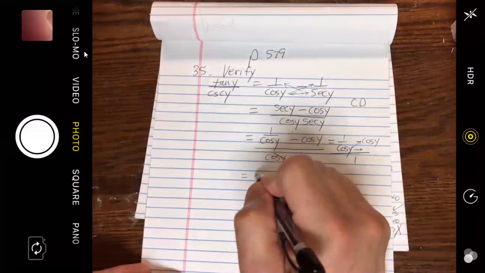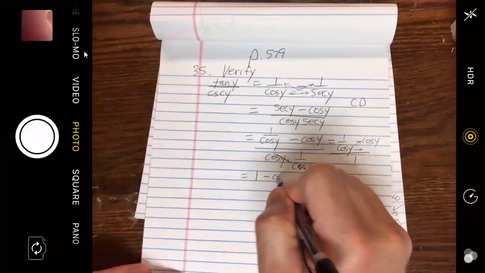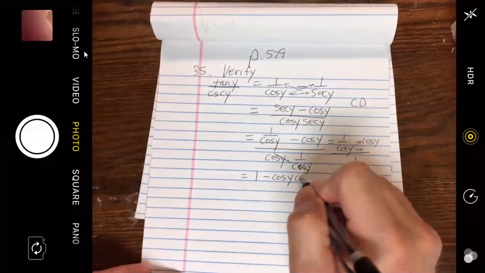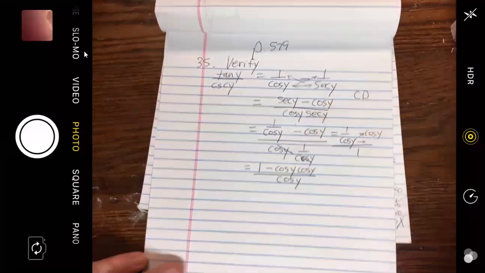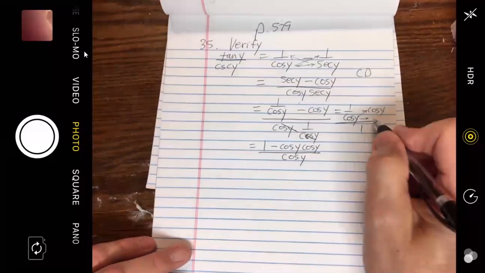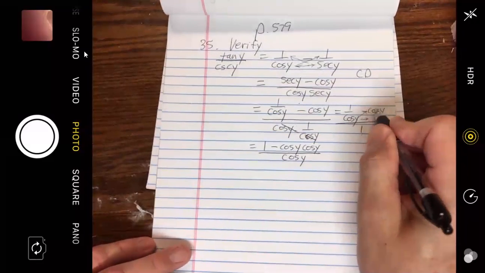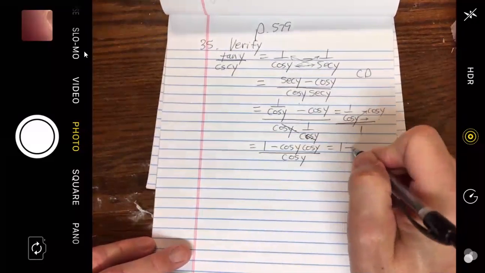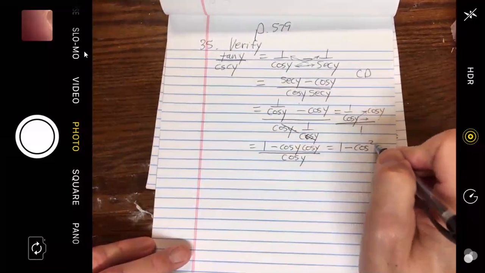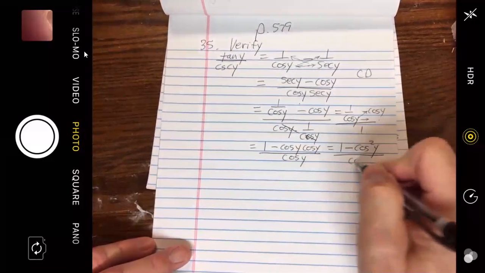So I'm getting 1 minus cosine y times cosine y, all over cosine y. Hope this isn't moving too fast. You're putting a cosine y under here, and you're putting 1 on top. That puts cosine y times cosine y, which would be 1 minus cosine squared y, all over cosine y.